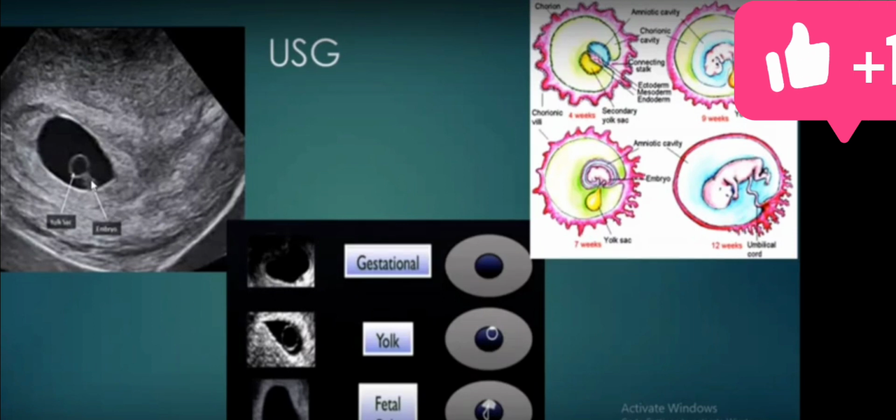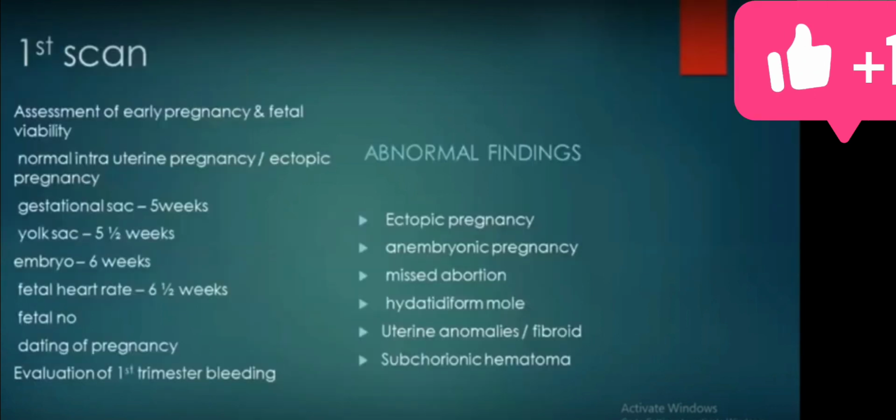We can easily diagnose this when the gestational sac has a diameter of more than 16 millimeter and there is no yolk sac or fetal pole. Then it is known as anembryonic pregnancy.